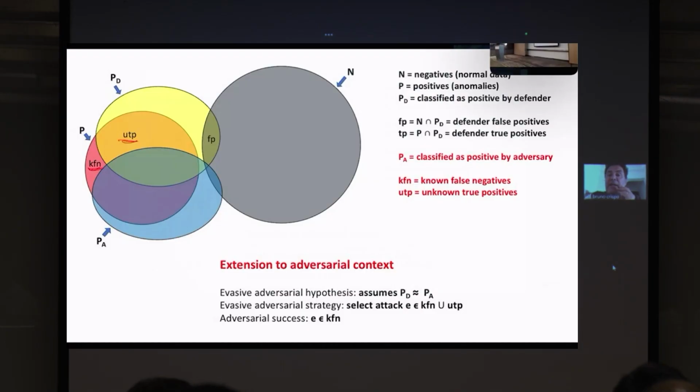So you take an anomaly that can be from the known false negatives or the unknown true positives, and submit it to the system. If the anomaly belongs to the known false negatives, this goes undetected and the evasion attack succeeds.